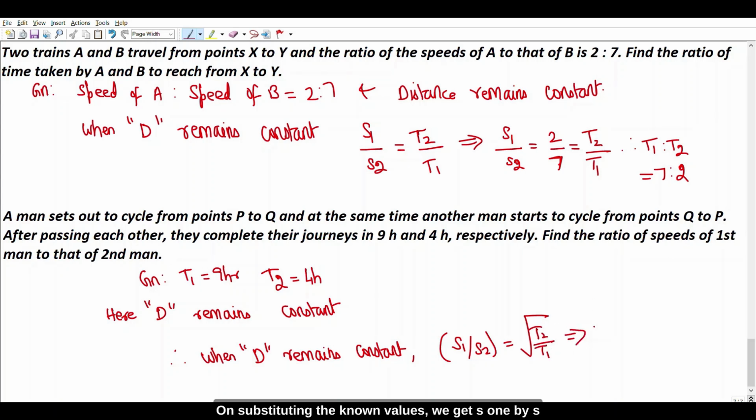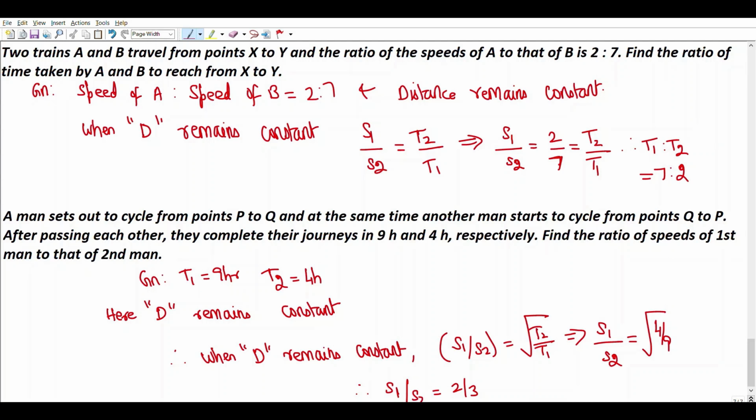On substituting the known values we get S1 by S2 is equal to square root of 4 by 9. Therefore, S1 by S2 is equal to 2 by 3. Thus, here too we can see clearly that the time taken becomes inversely proportional to that of the speed.